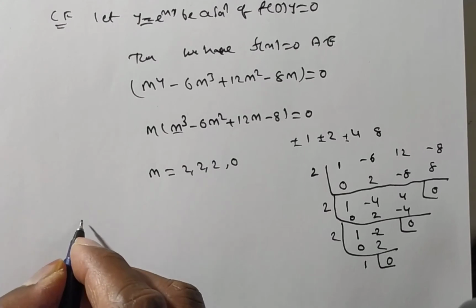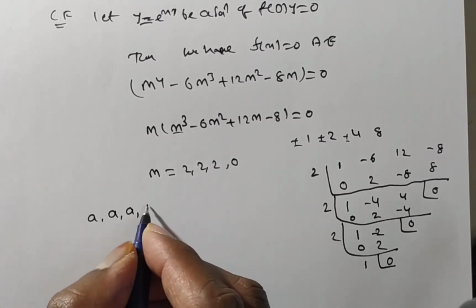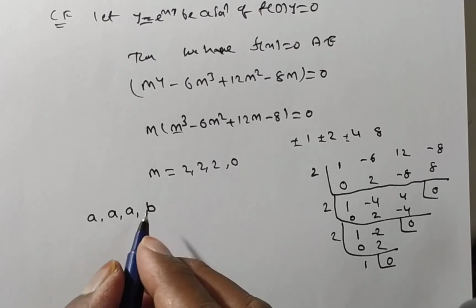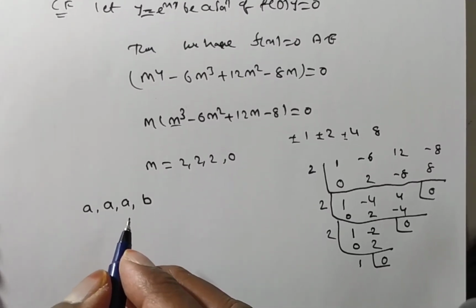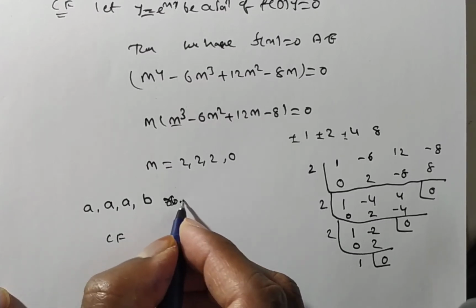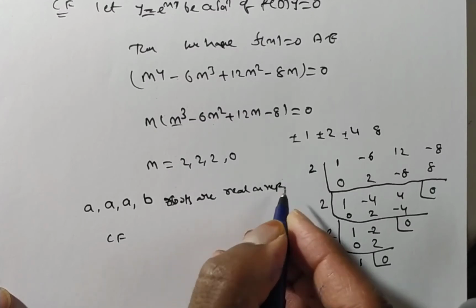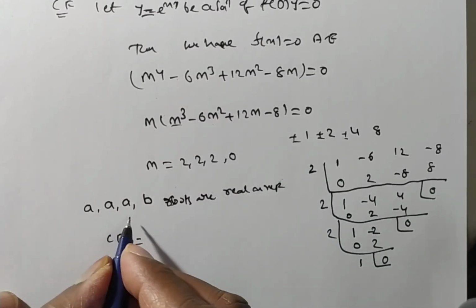Friends, whenever the roots are real and repeated, like suppose a, a is repeated and b is non-repeated, then the complementary function, how many times is it repeated? Three times.